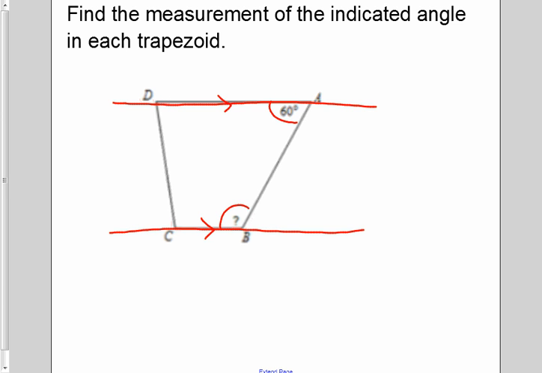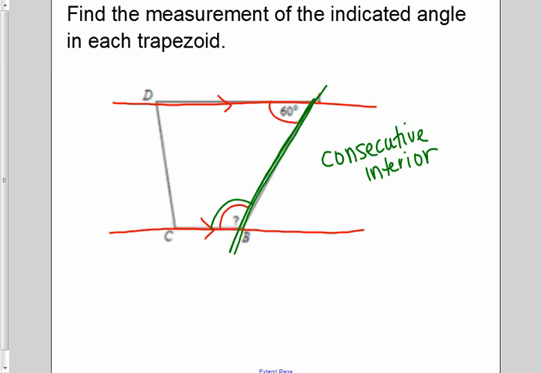So we can apply the rules of parallel lines and transversals. If this is a transversal, then these two angles are consecutive interior angles, so they add up to 180. So I can take 180 minus 60, and I can find the missing angle is 120 degrees.